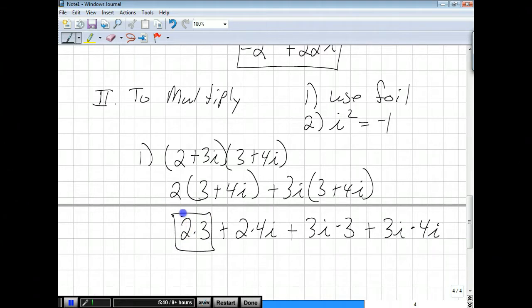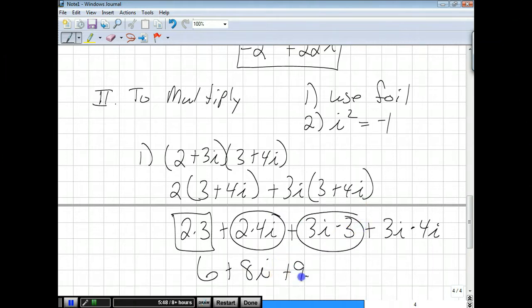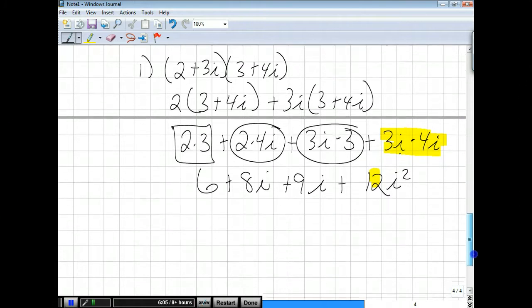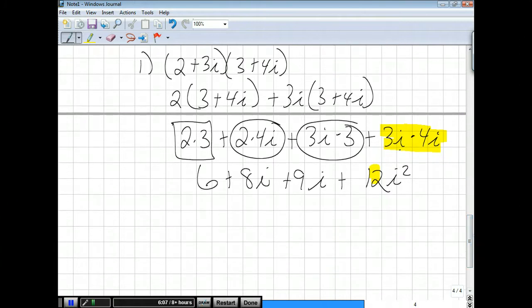Then this simplifies to 6. This simplifies to 8i. This simplifies to 9i. Now here's where you have to be very, very careful, because you do the 3 times the 4, which gives you 12, and then i times i gives you i squared. But remember, i squared is really negative 1.